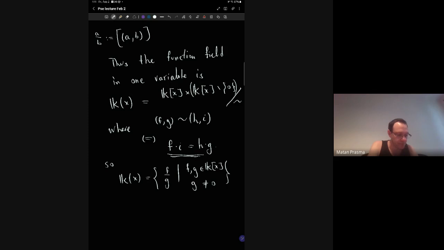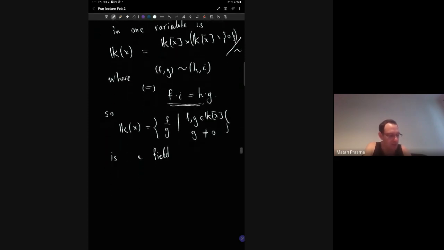Okay, and this is a field, right? Because addition and multiplication are just like from fractions, I mean, from Q, and it's going to be associative and distributive and so on.